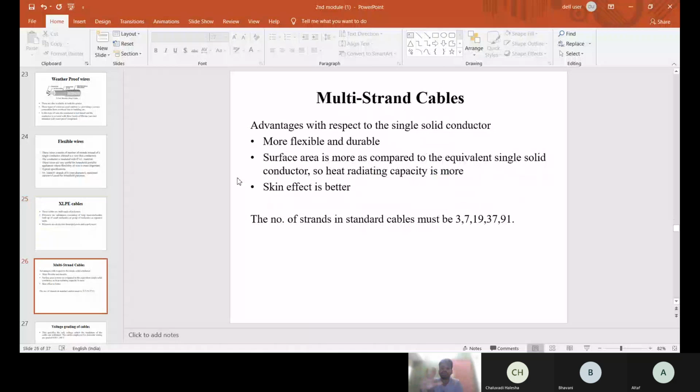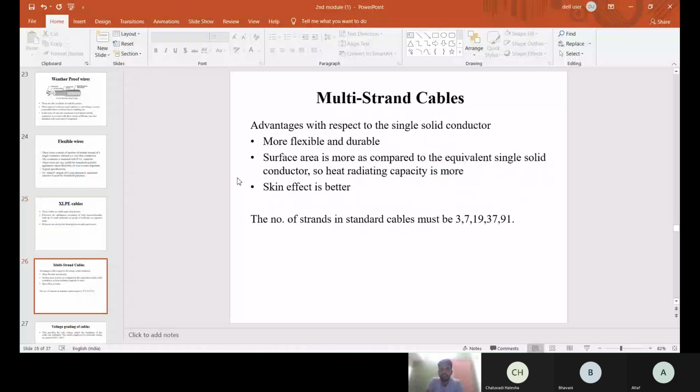In multi-strand conductors, the amount of current passing at the outer surface is more compared to the inner center core. So this is called skin effect, and it is more in multi-strand cores.